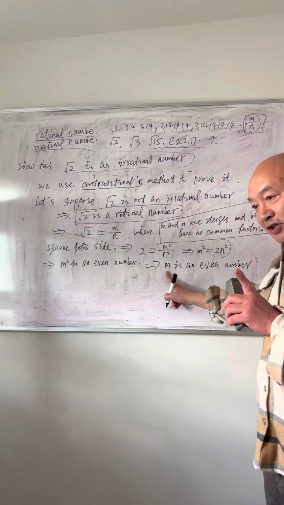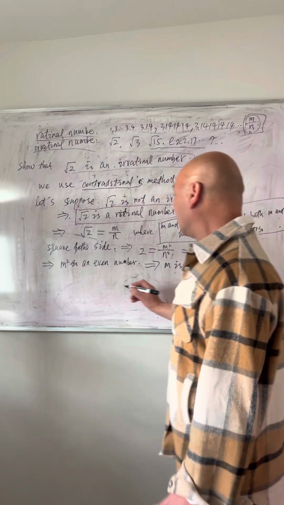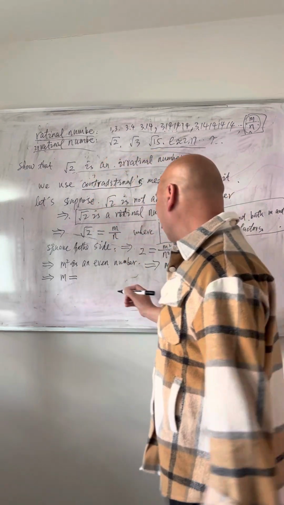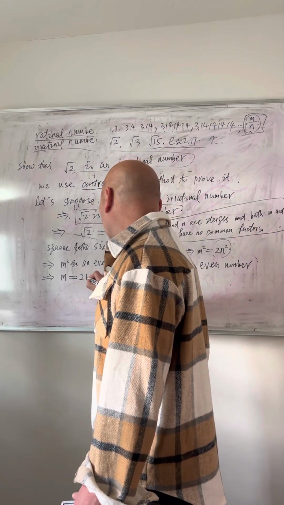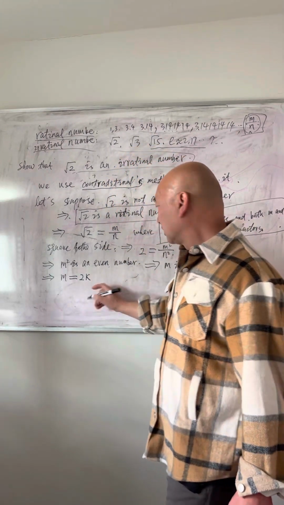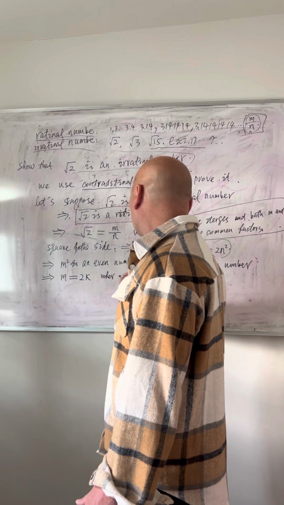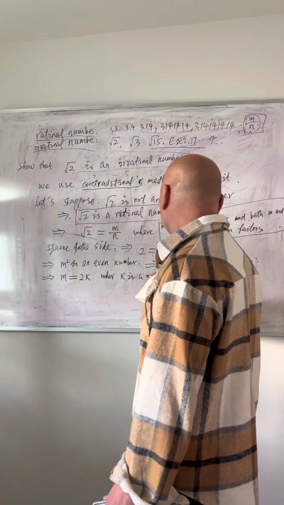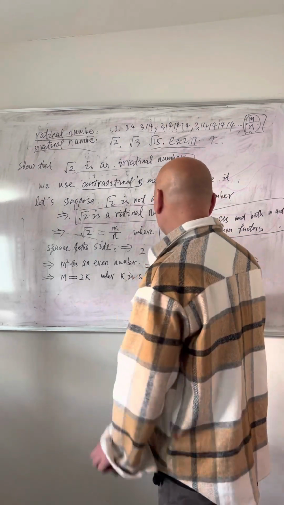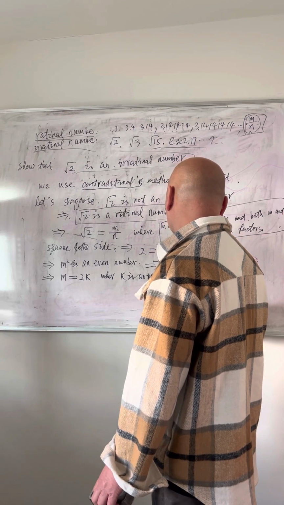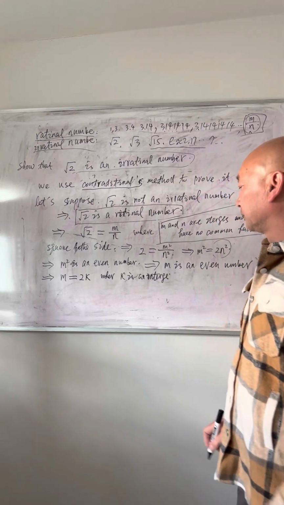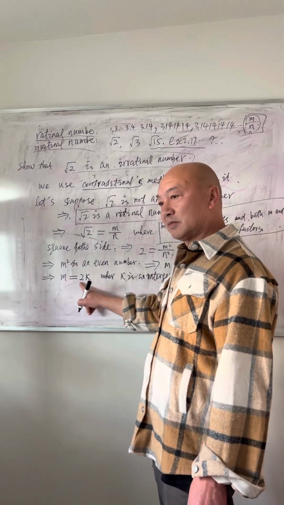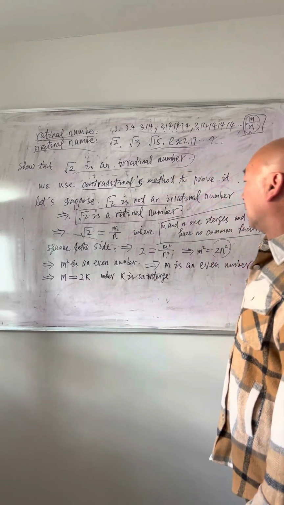If an integer is even, we can write m like this: 2k, where k is an integer. An even number can be written as 2 times some integer.